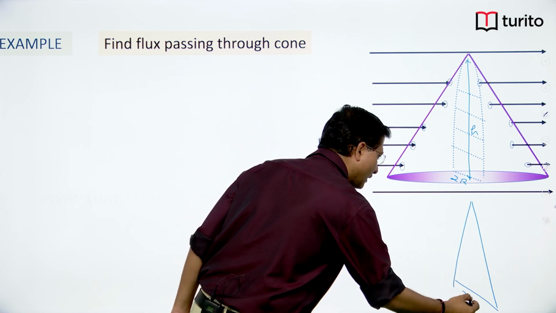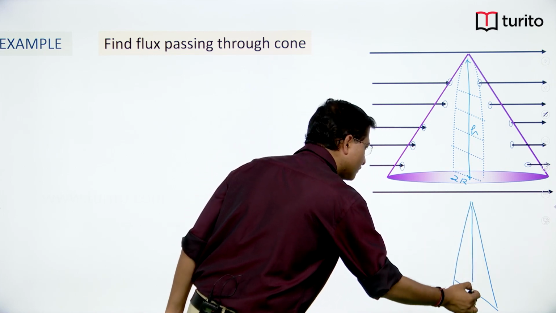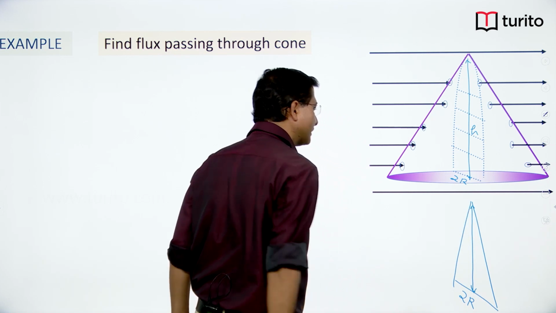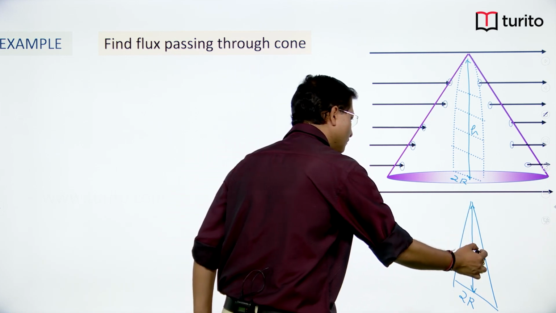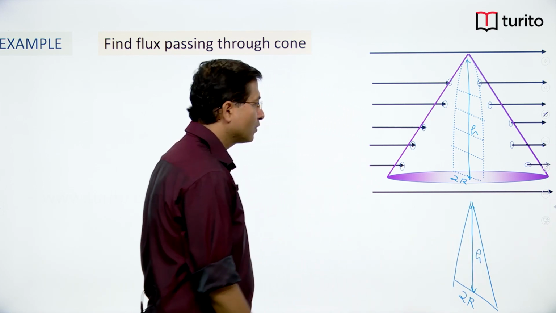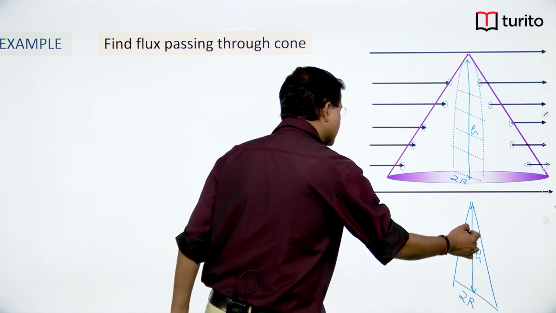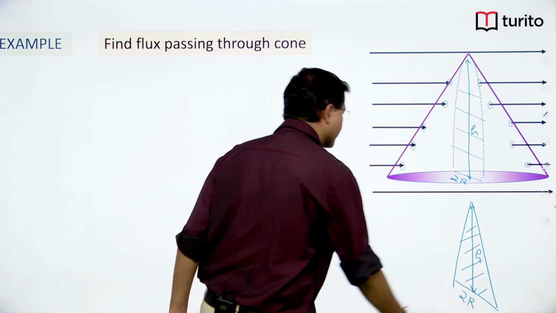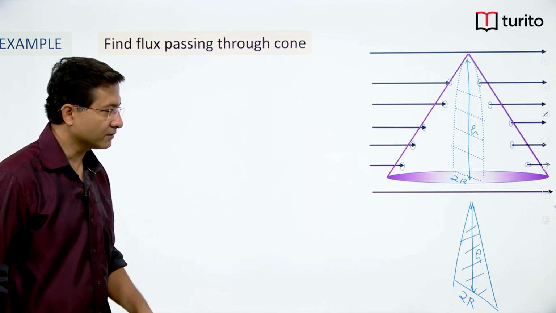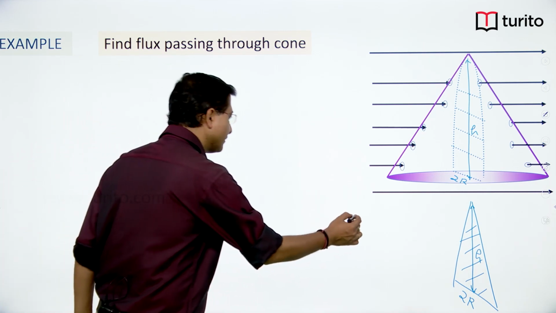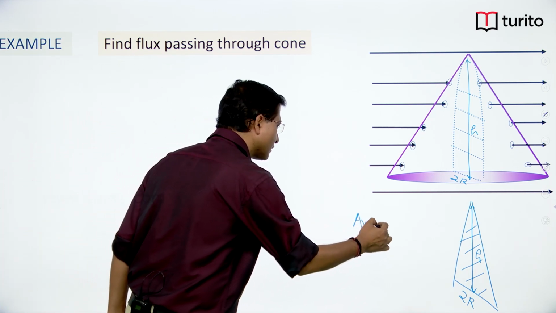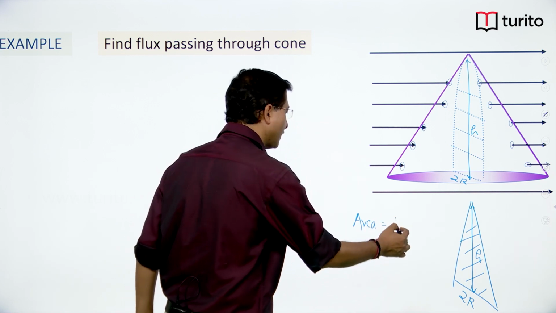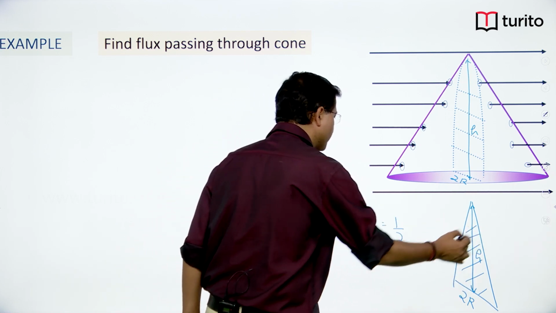So this is 2r, and the height of the triangle, what we are going to get as shadow, will be h. So what is the area of this shadow, or area of the projection? This area will be half base into height, half triangle, half base into height.